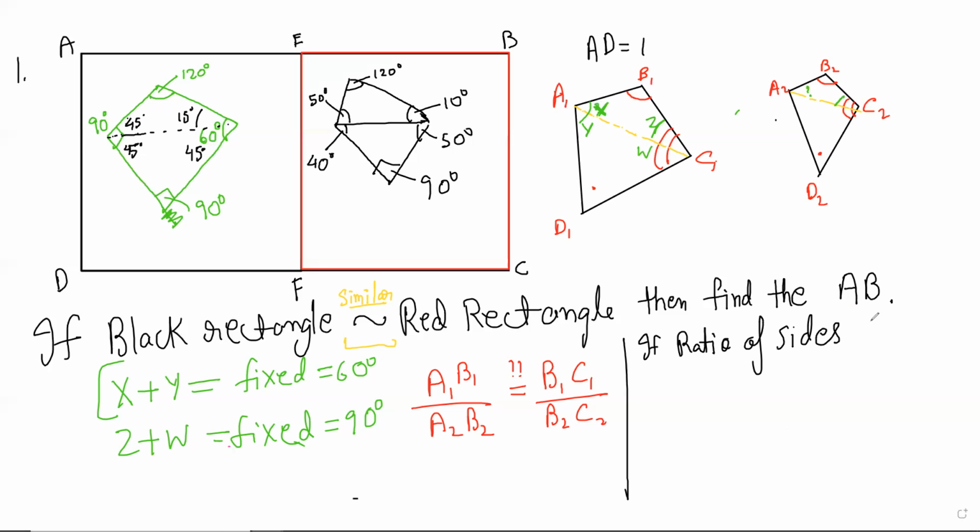If the ratio of sides is given. I mean, you have two figures, the ratio of the sides is the same, and then are the corresponding angles the same?